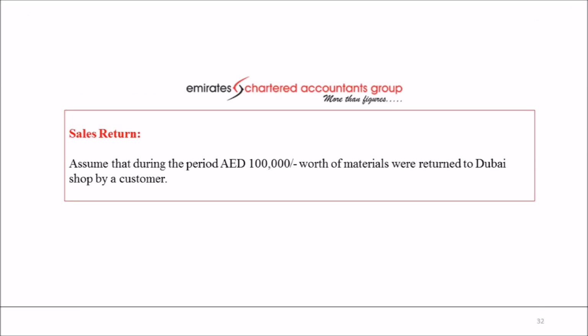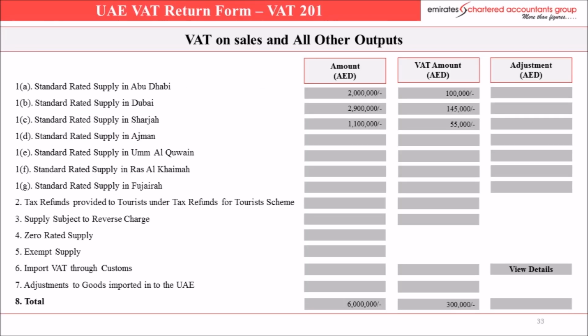Another transaction, suppose sales return. Assume that during the period 100,000 worth of materials were returned from the Dubai shop by a customer. How to record this transaction under the VAT return? See, in the output area, 1B, standard rated supply in Dubai.